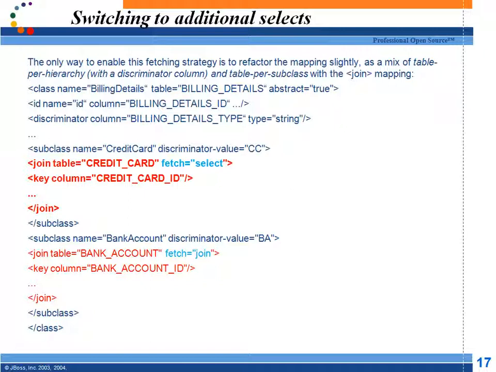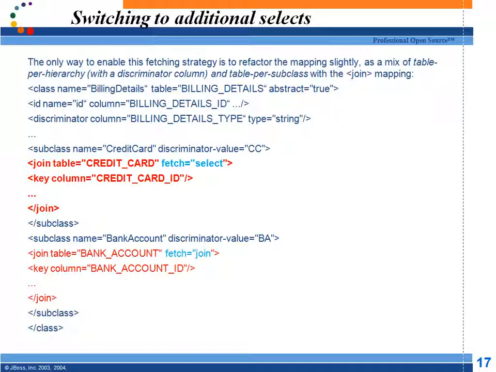What tag is used to specify the key? The key tag is used for specifying the foreign key column. This is a foreign key inside this table, which will be referring to the primary key of the account, right? So now I have a separate class and a separate table for each class, the credit card class. Similarly for bank account, I give a separate join tag, right?